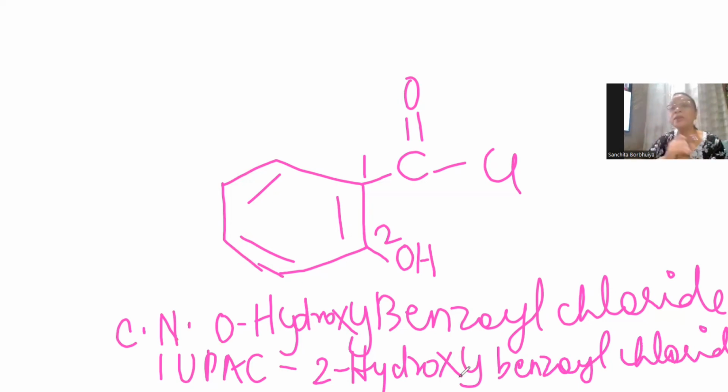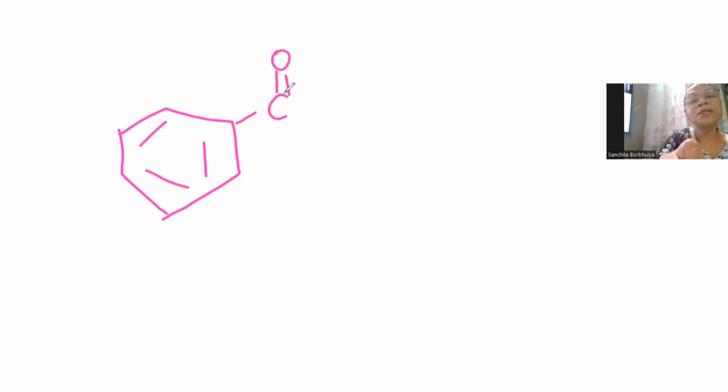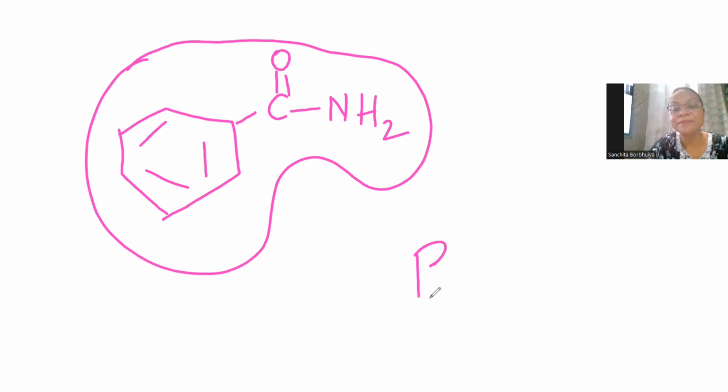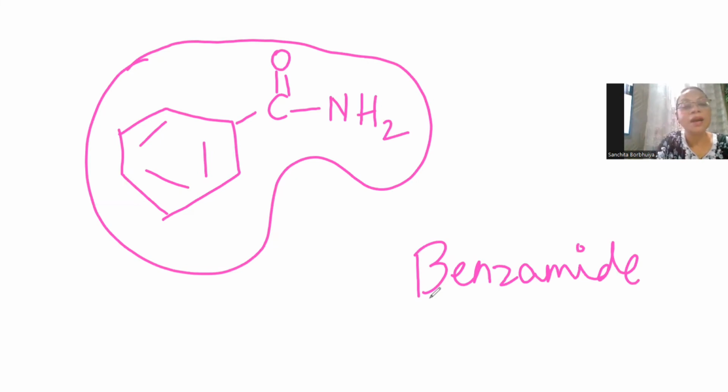Even among those higher in priority, there are a few groups and we can definitely take them up in the discussion. So the next group is this, CONH2. This is called an amide. So since it is attached to benzene, it is called a benzamide. The OH group, I attached it to the ortho position.